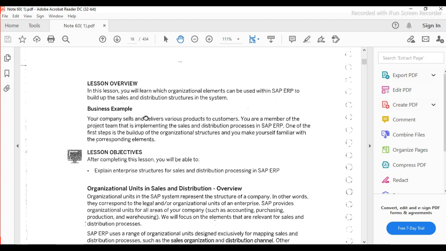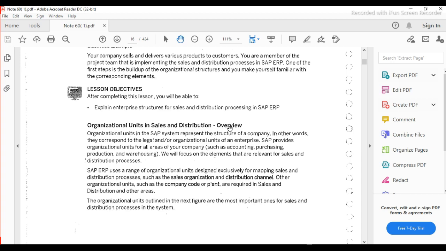So that's why we are studying these enterprise structures. Now let's see organizational units in the sales and distribution overview. Before we start with organizational units, let me tell you about enterprise structure. What do you mean by enterprise structure? Enterprise structure is nothing but the structure of your organization, the business organizational structure. For every company there is some structure: we have a financial department, a production department, an HR department, a sales department, and an inventory department.